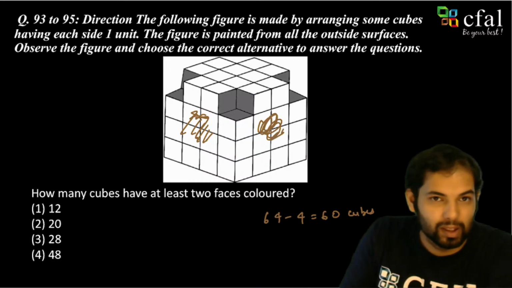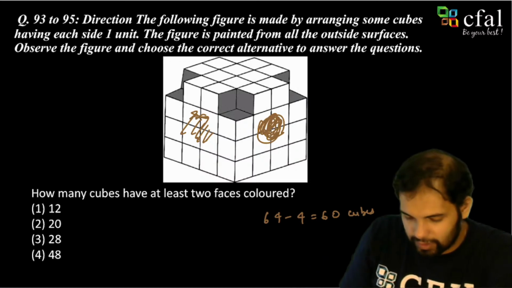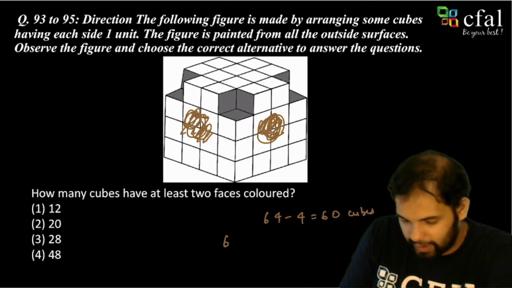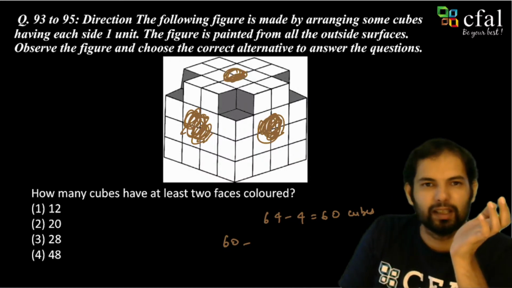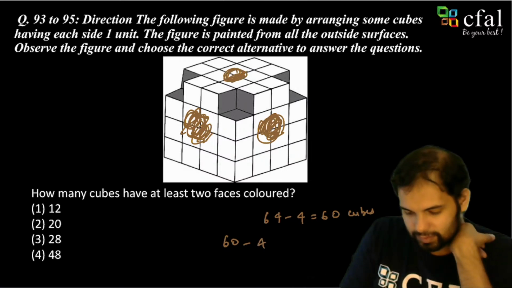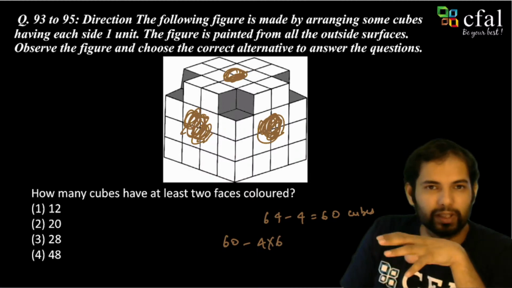Oh, inside also we have. Okay, so let me write one colored face. So 60 minus one colored face. This is 4 this side, 4 here, 4 on top, 4 on the other side. So 4 into 6. Yes, sir. So 24 I have to subtract.